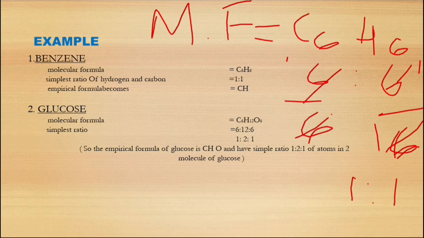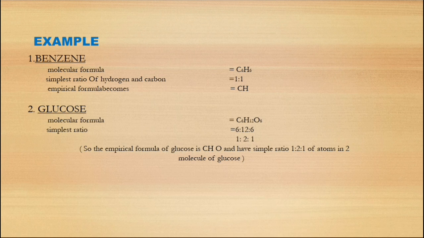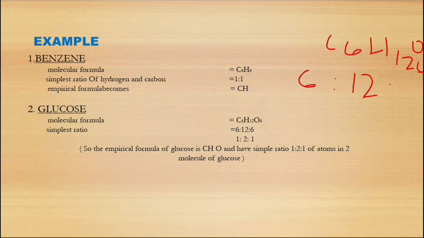Now, the second example is glucose. Glucose has the molecular formula C6H12O6, meaning 6:12:6. Now, we have to divide it by the number which is divisible by all three and becomes the simplest ratio. That number is 6.